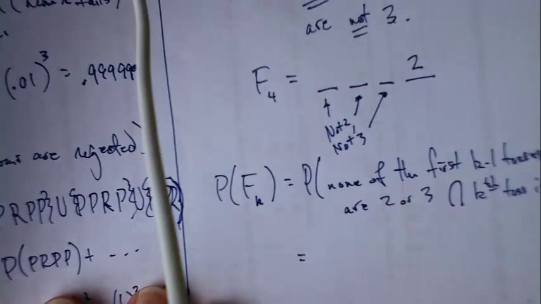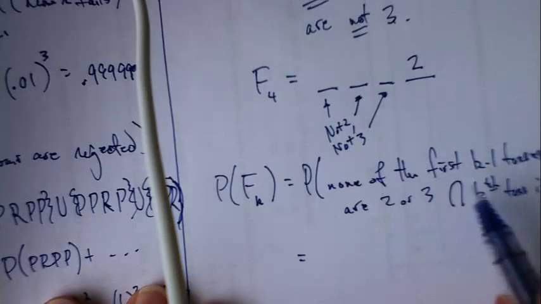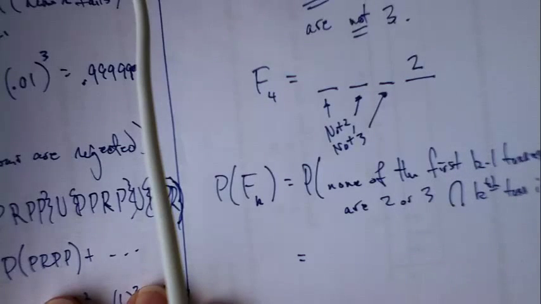Now, by independence, these are independent tosses, right? So what's the chance that the first toss is not a 2 or a 3?